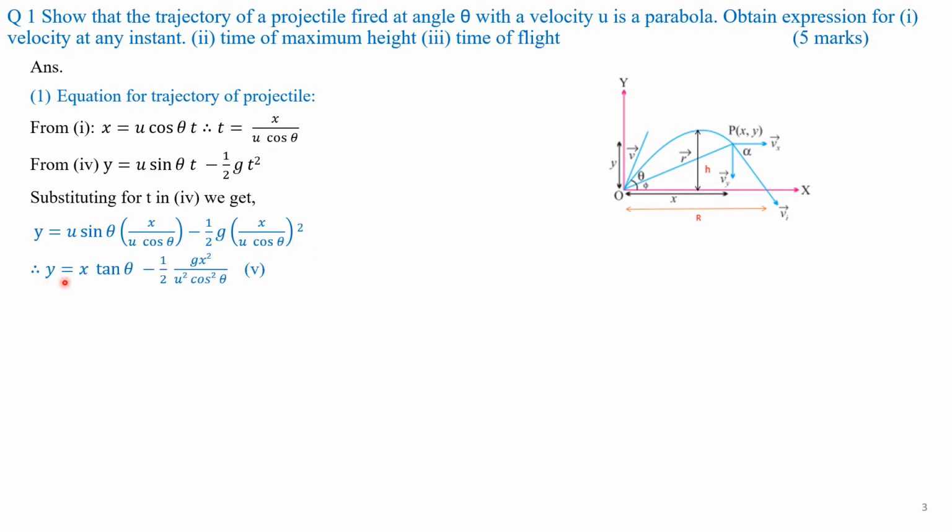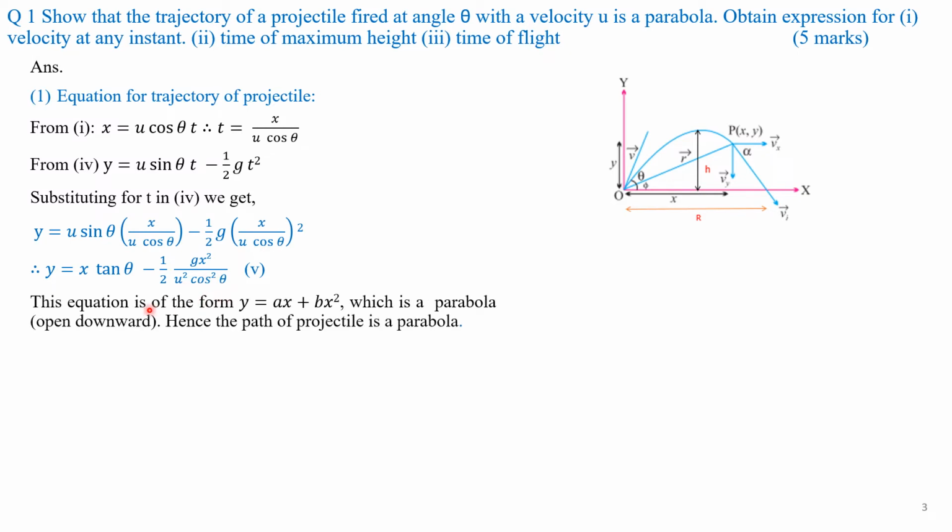Therefore, u and u get cancelled, sin theta by cos theta is tan theta. So the first term on the right hand side is x tan theta. Therefore, y is equal to x tan theta minus half g x square divided by u square cos square theta.